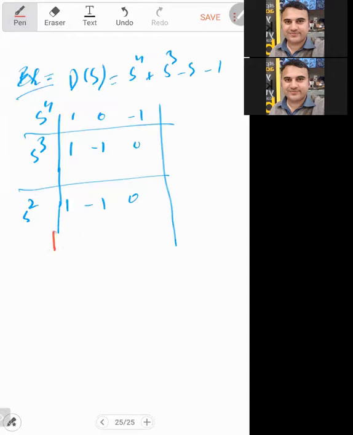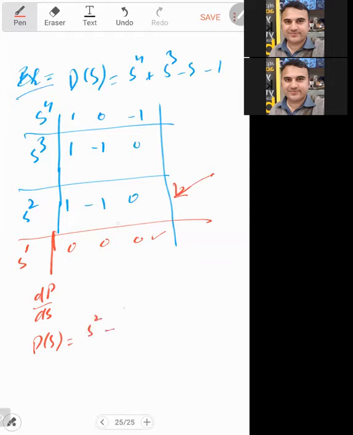So here we have to introduce the auxiliary polynomial for this row. If we get the new row, it will become 0 0 0. So this means that we have to replace the coefficients of this row with the coefficients of dP/ds. The question is, what is P(s)? P(s) will be made from the coefficients of the row above the 0, which is equal to s^2 - 1 in this case.